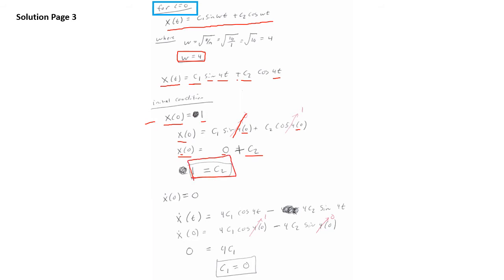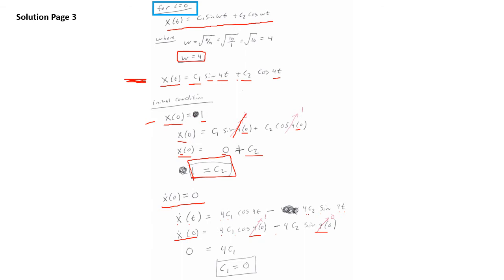I need to come up now with a value for my c1. So I can use my second initial condition here. X dot of 0 is equal to 0, so I need to take the derivative of this equation up here and then plug 0 in for it. So I do that there. X dot of t is equal to 4 times c1 times the cosine of 4t minus 4 c2 times the sine of 4t there. Then plug in my initial condition at 0. So we have 4 c1 times the cosine of 0 minus 4 c2 times the sine of 0.